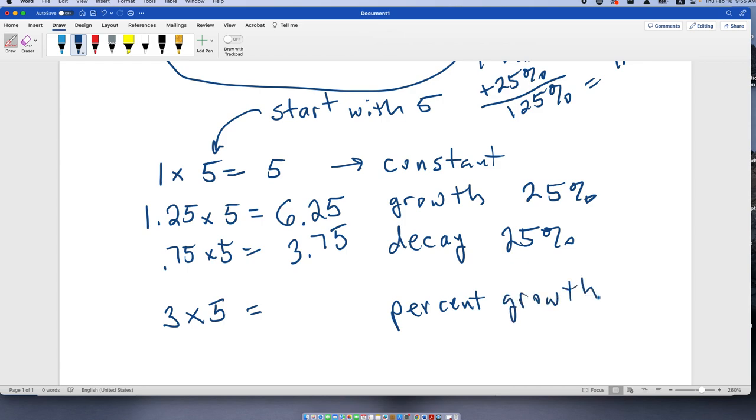Maybe think, how would we do that? When I had 1.25 times 5, I could figure out it was 25% growth. What did I do to figure out that it was 25% growth? Looking at that number.